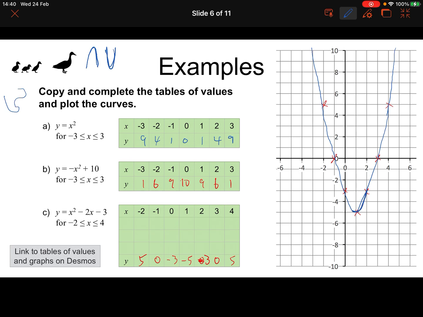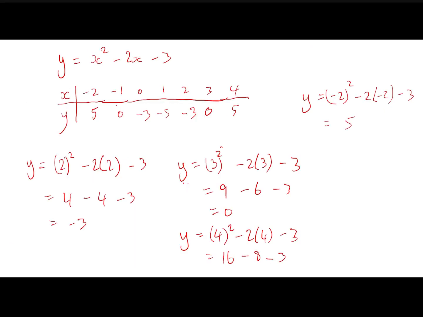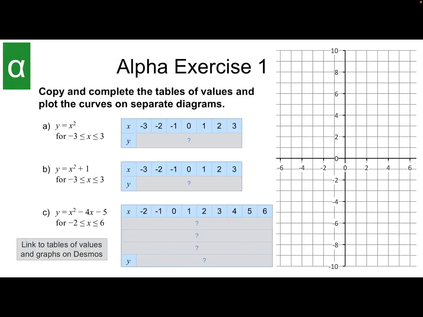Okay, so I've got a U shape this time. It will either be a U or an N. If it's not a nice smooth U or N, then you did something wrong. Let's go back and check. Okay? Right, what I'd like you to do, please, is have a go at doing these ones yourself. Now, if you're in class, I've got paper axes for you to use.